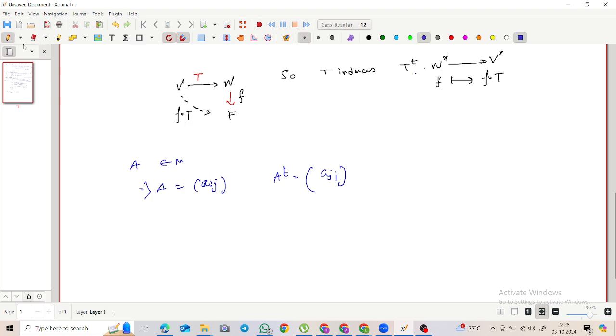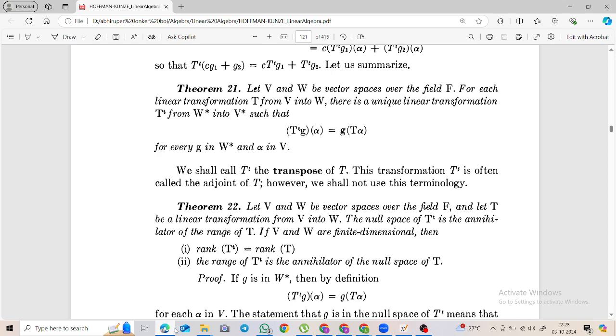Suppose A is an m cross n matrix. Then A transpose is an n cross m matrix. So try to figure out how A transpose and T transpose are related. We will actually see this in a moment.